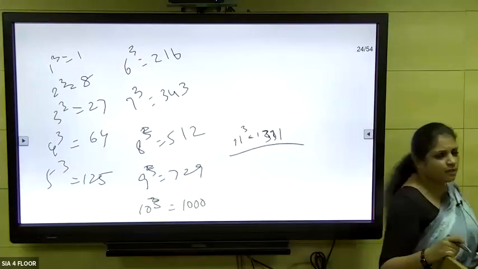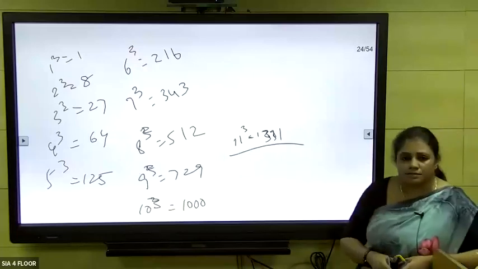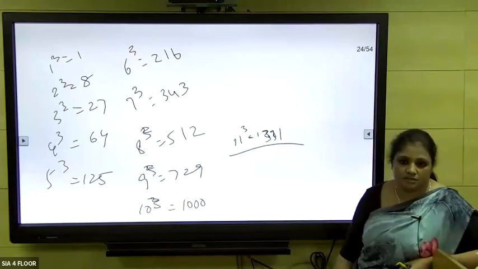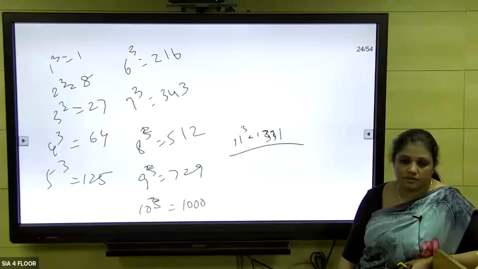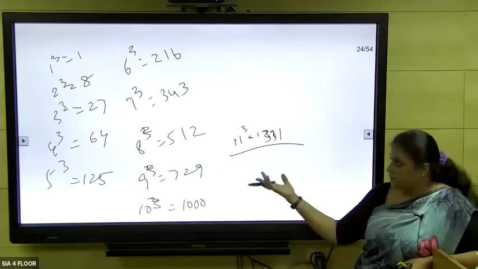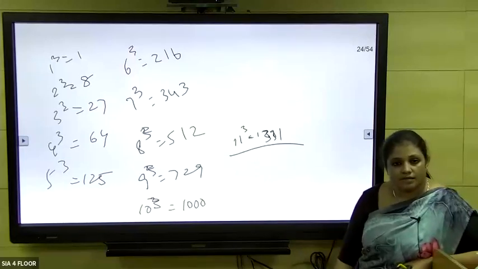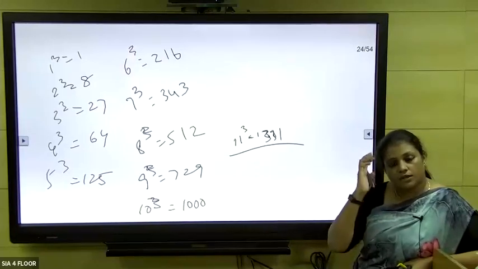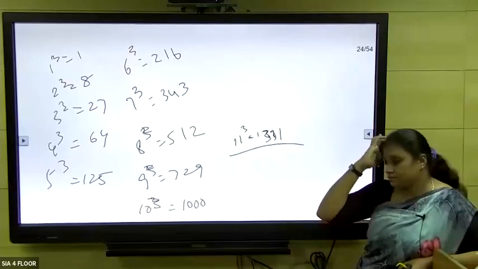If you know this very clearly, you don't have to write, but if you're not very clear with the values, you can write it. Often you'll be using this in number systems, in dice and cubes, and in some other topics also.